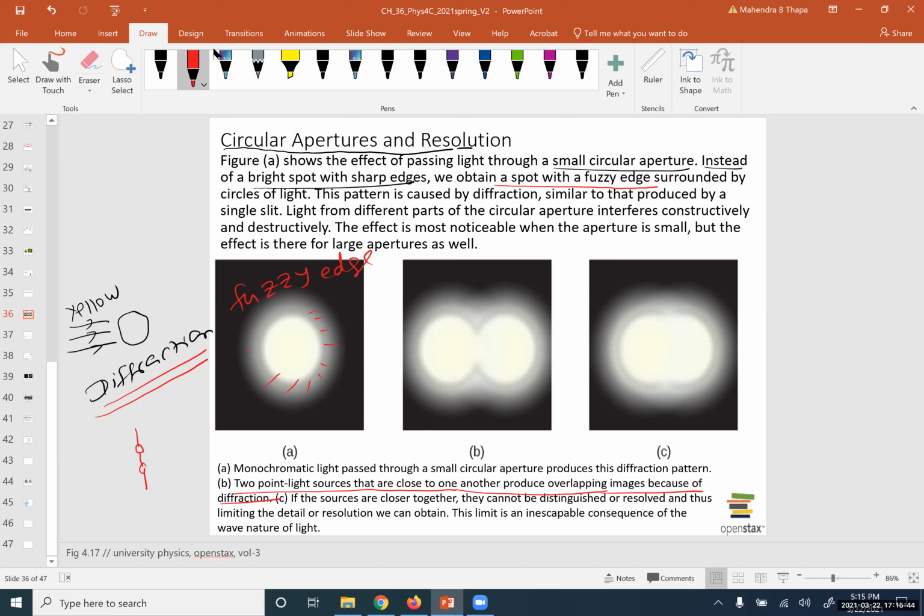In that scenario, we are not getting a sharp image; we are getting this fuzzy image again. Depending on the shape and size, even though there are two slits, the image looks like a single one. So this kind of defect we can observe because of this diffraction phenomenon.